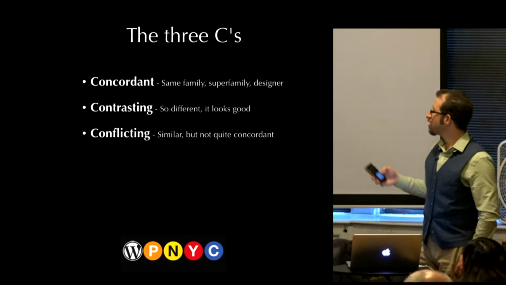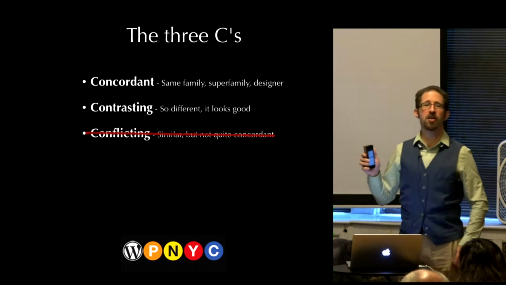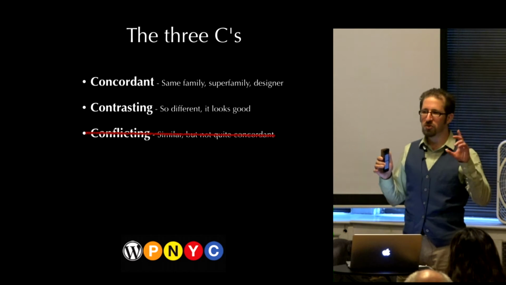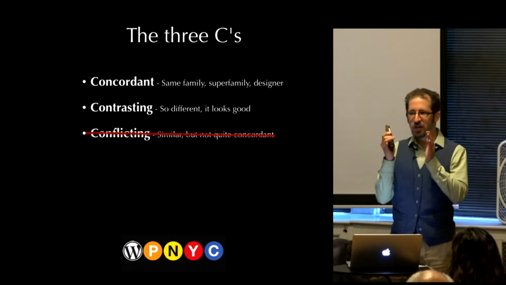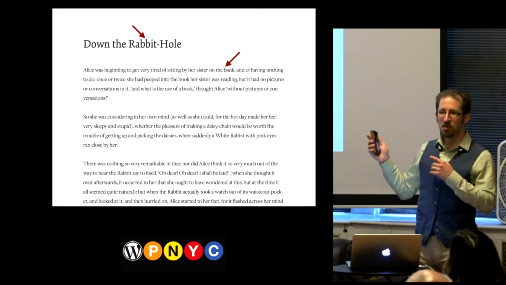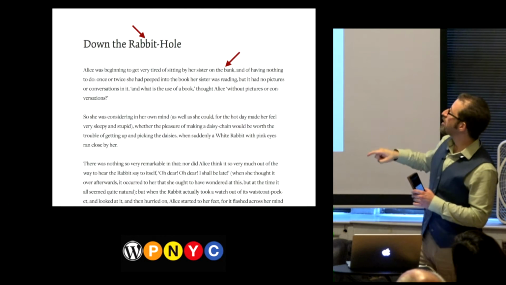The third C is conflicting, and this is what you don't want. It's when 2 fonts are so similar they don't quite look good. You might have 2 sans serif fonts, and one's condensed and one isn't condensed. Or here, this is a more subtle variation. Notice the difference between the B's or the lowercase h's.